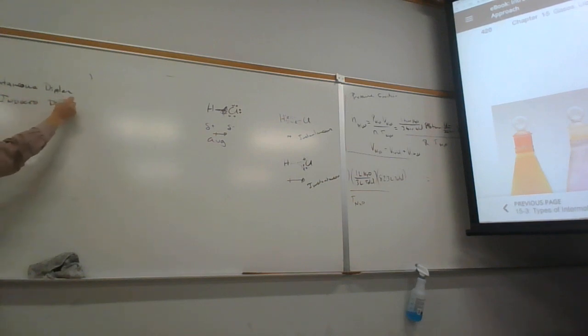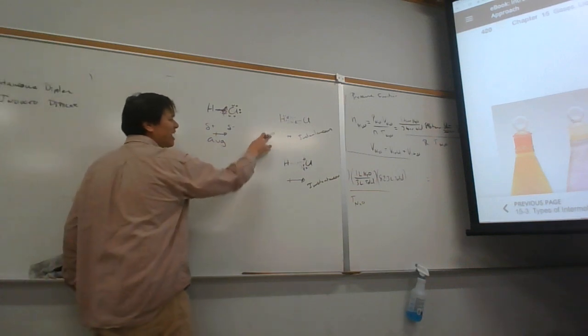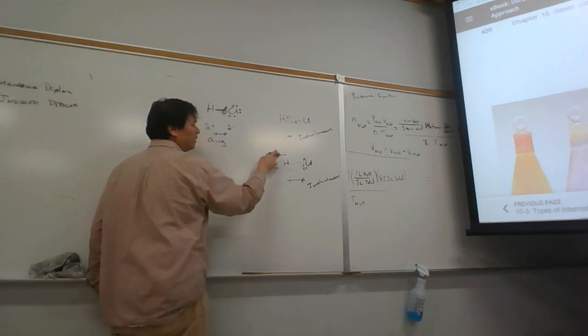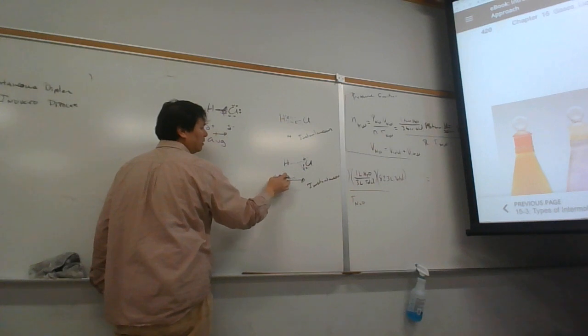Your book just calls it induced dipoles. These instantaneous dipoles like this have a net magnifying effect on the attraction. Even though it could go smaller, the net is more attraction.